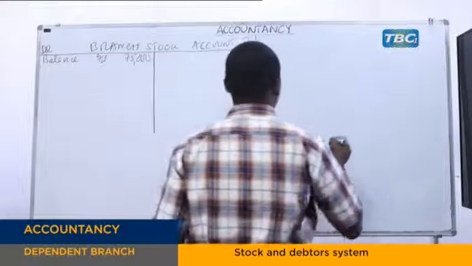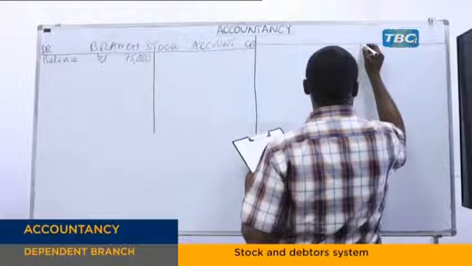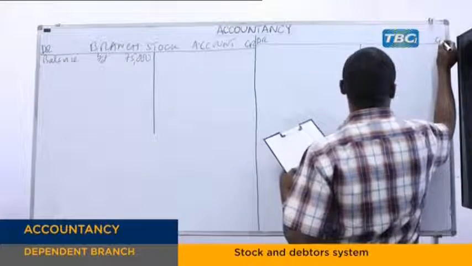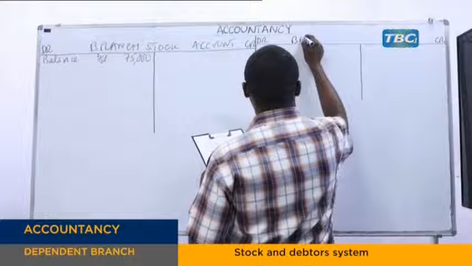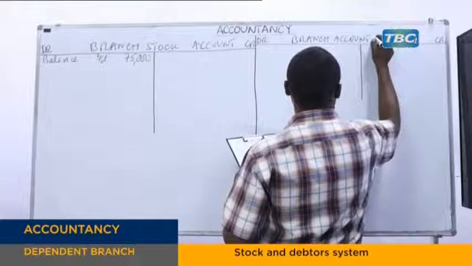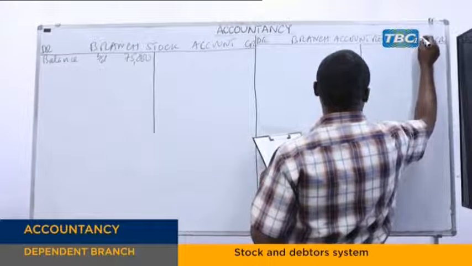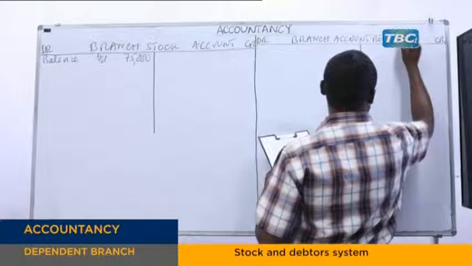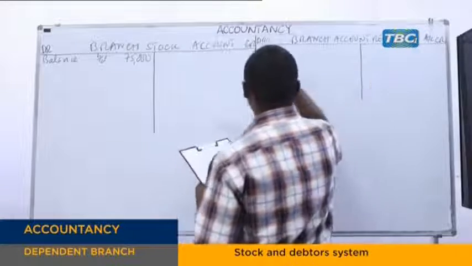And I have the account receivable. Let me open it here. This is the branch account receivable account, in other words, debtors account.